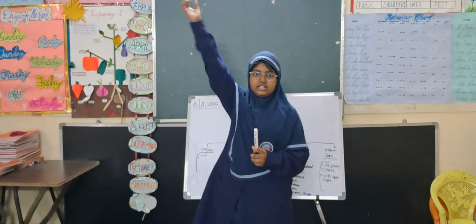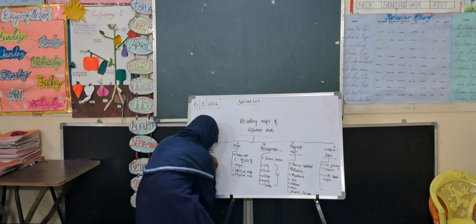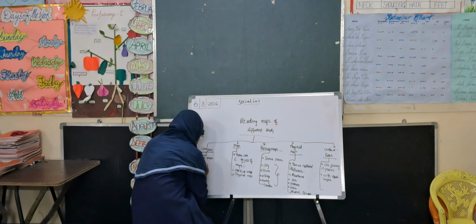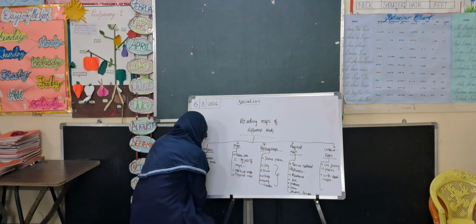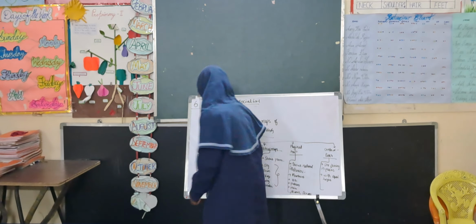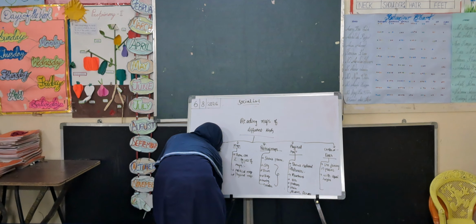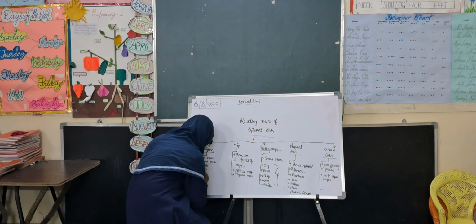There are four main cardinal directions, four main cardinal points: north, south, east and west.